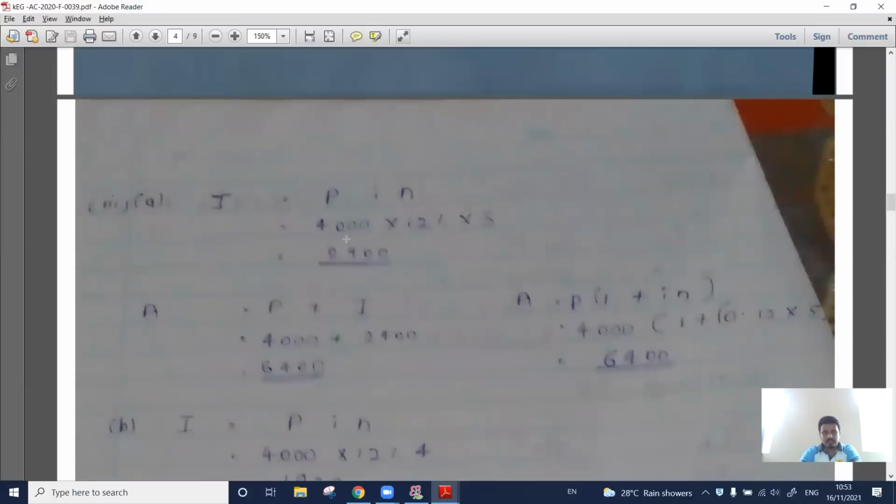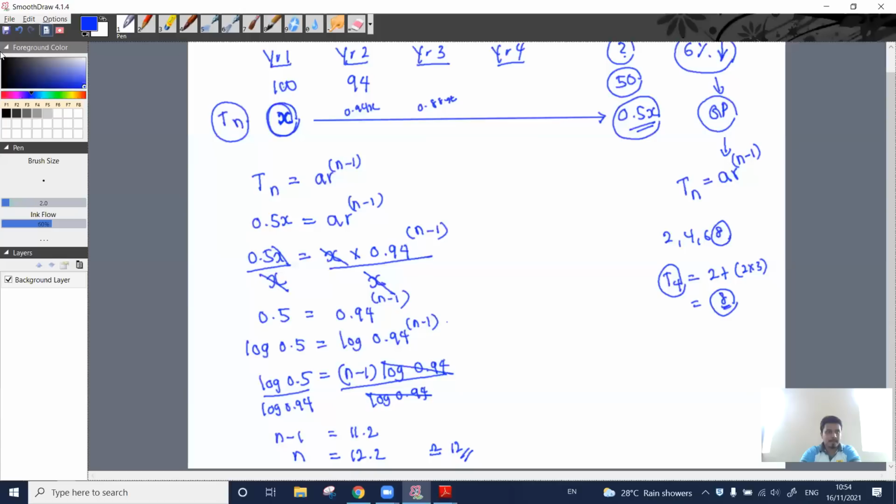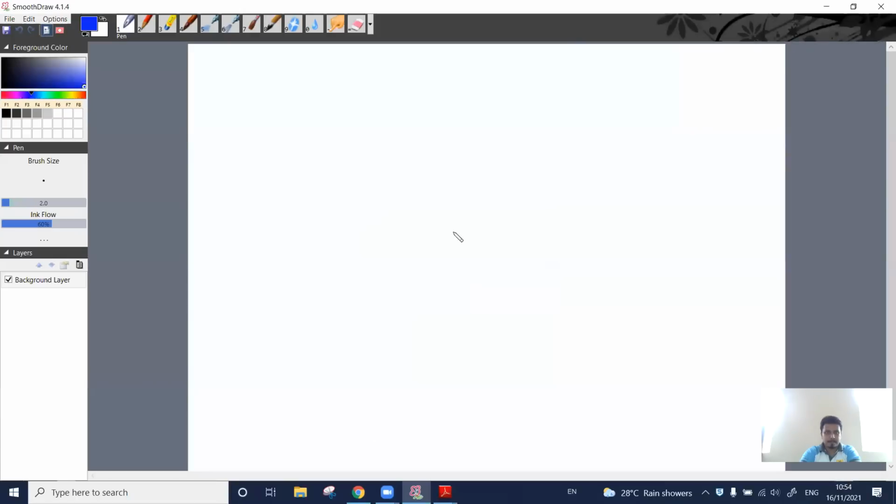Part 3. No, right? This is an annuity. So this is also wrong. So take it here. This is an annuity. In an annuity, what do we need to find? In part A, we need to find the future value, the future value of an annuity.